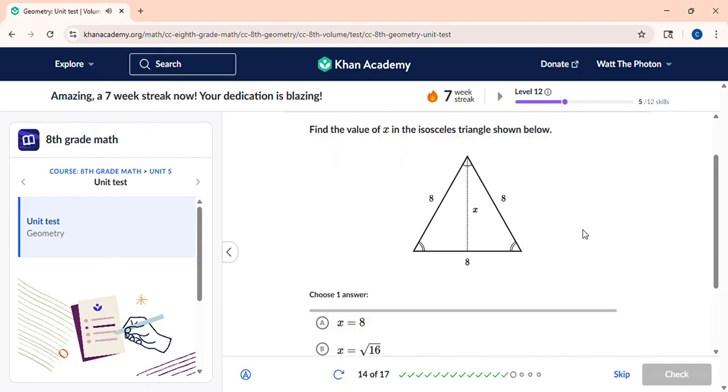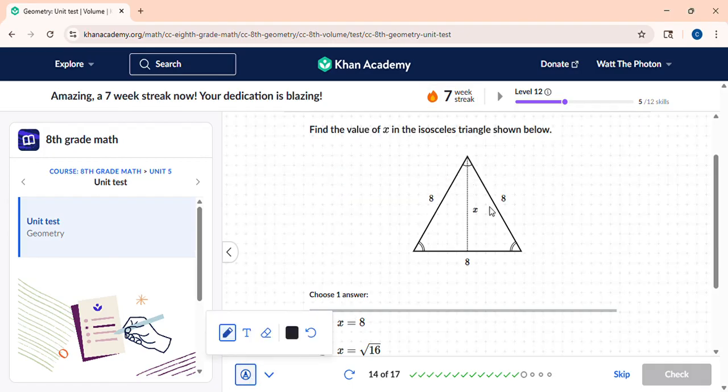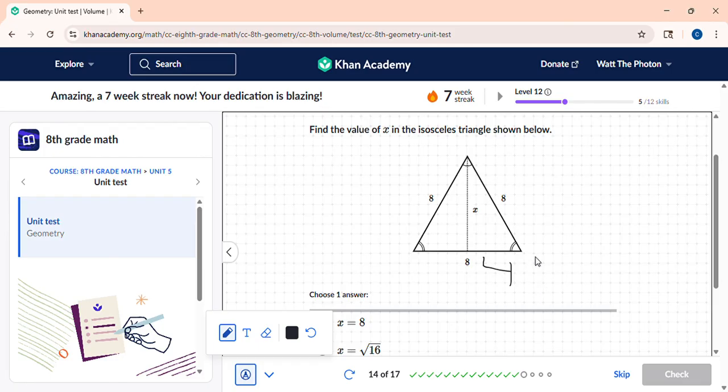Find the value of x in this triangle below. Okay, so we know each of these is going to be 60 degrees. This is 4, 8. I guess we can just do that. So 64 minus 16 is equal to that.